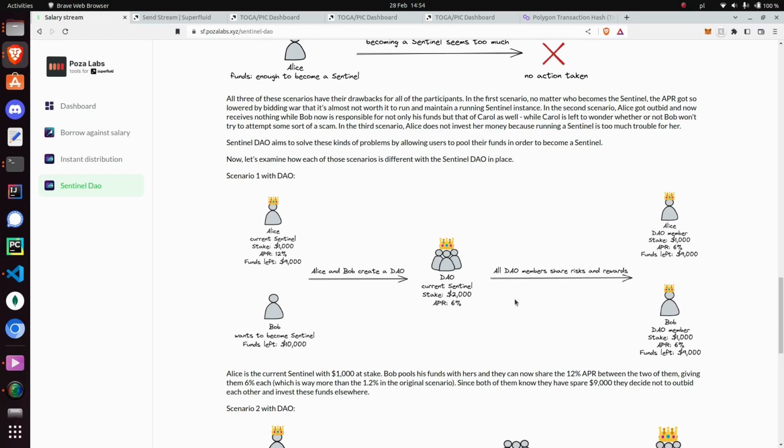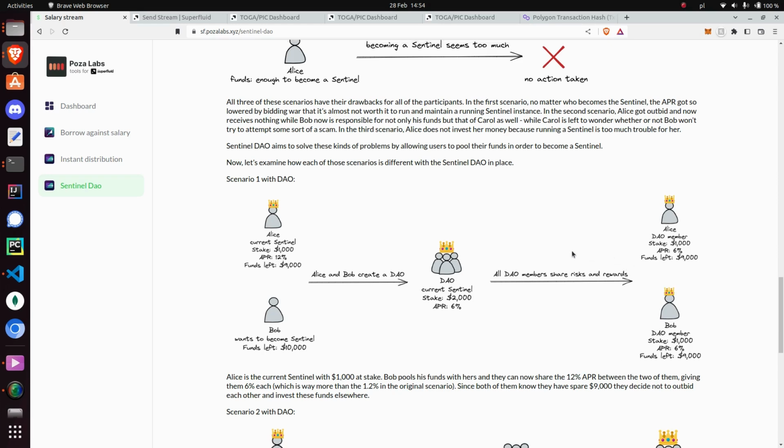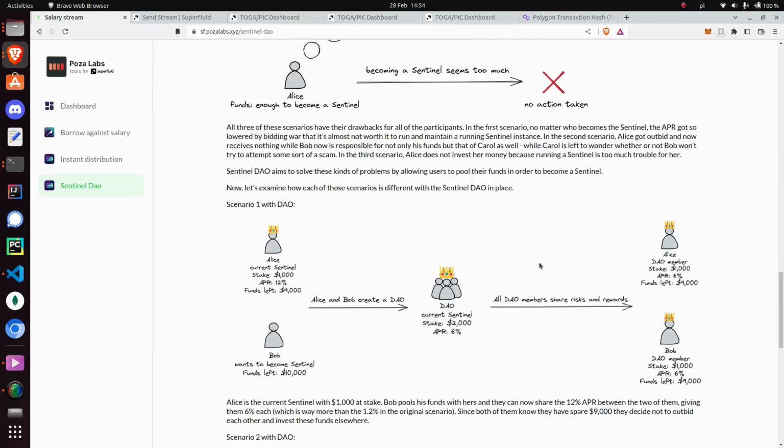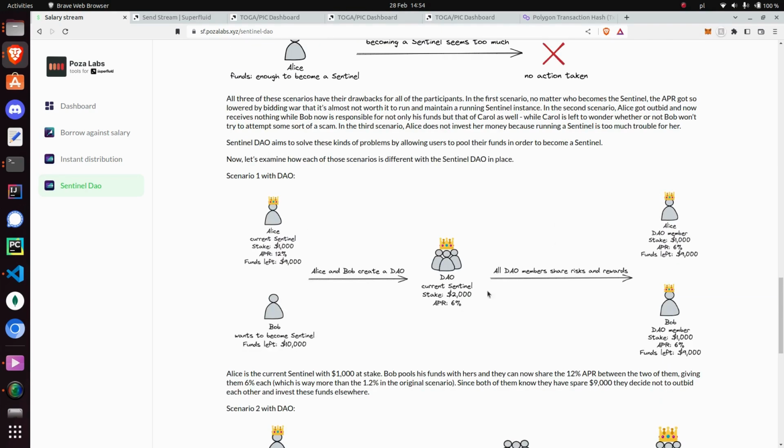And moreover, both of them now have $9,000 left that they can invest in some other endeavors in the DeFi space. So they get to share their APR. They're not constantly in this bidding war process, and they can enjoy some good returns on their money here.